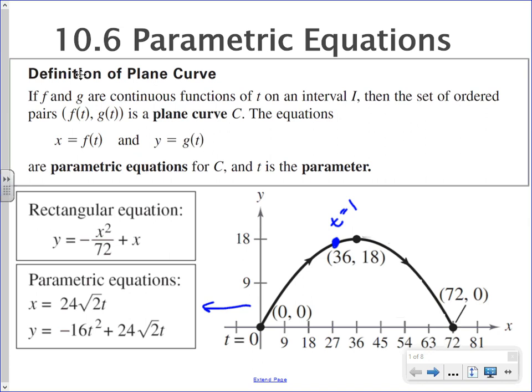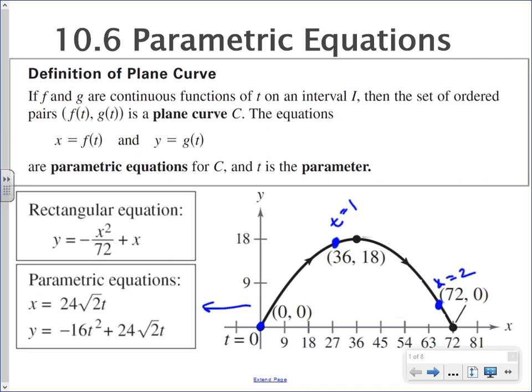If we plug in t equals 2, that's over right here. Also, I'll point out that right here is t equals 0.